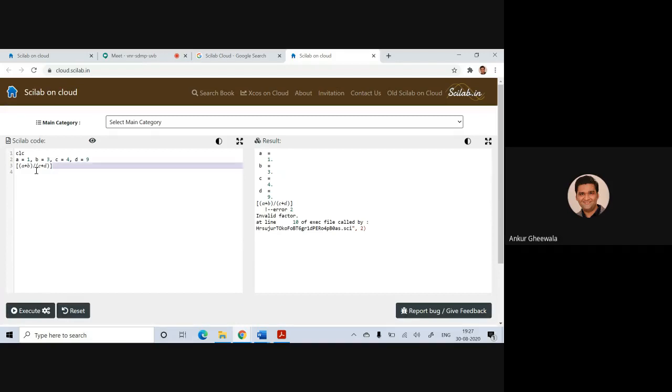Okay, so we cannot find a plus b divided by c plus d like this. So it cannot be possible.